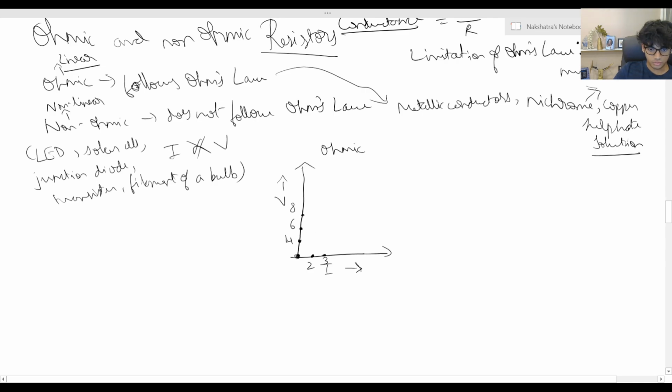If you apply a potential difference of 4, the current is 2 ampere, so the point on the graph will be somewhere here. 6 and 3, the point will be somewhere over here. For 8 and 4, the point will be somewhere over here.